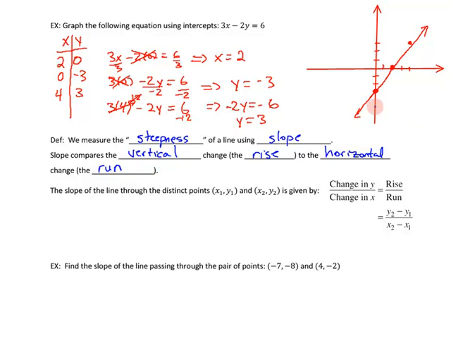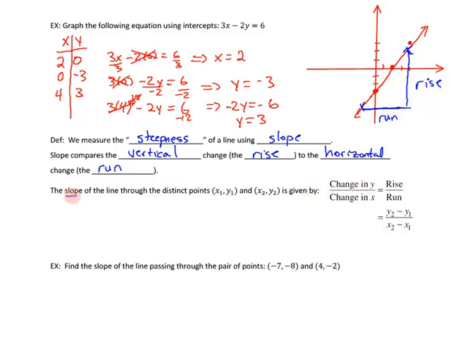Okay? So if we think of, say, arbitrarily 2 points I've picked here on this line, right? This distance right here represents run, while this distance here represents rise.